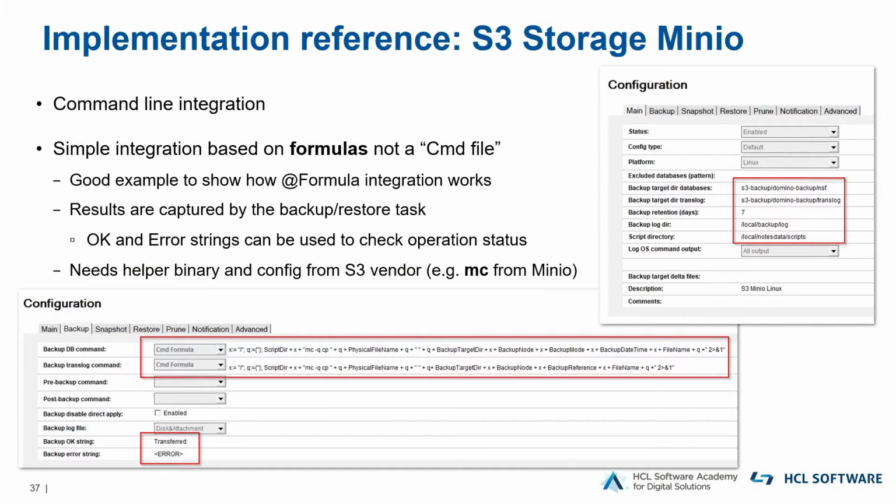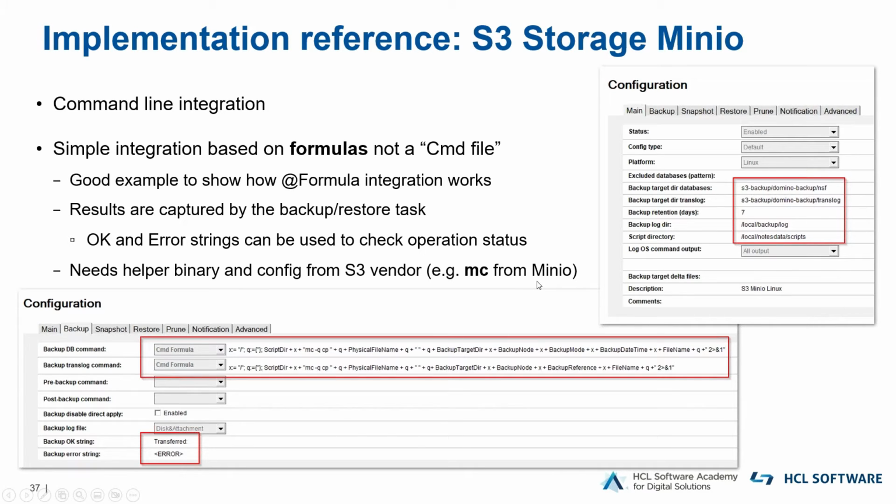Here's a quick example from that repository. Here is an S3 interface for integrating with S3 without any additional scripts. It's using the command formula way for integration. In this case, it is the S3 integration with MinIO.